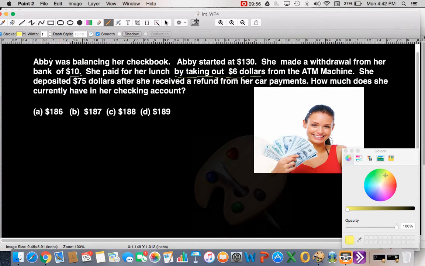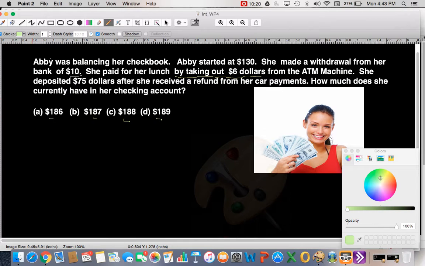She deposited $75 after she received a refund from her car payments. How much does she currently have in her checking account? A, $186, B, $187, C, $188, and D, $189.